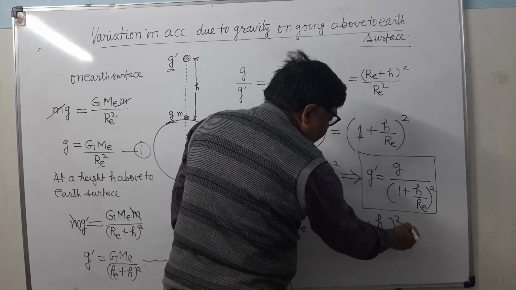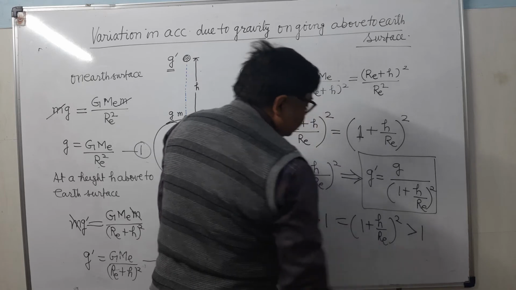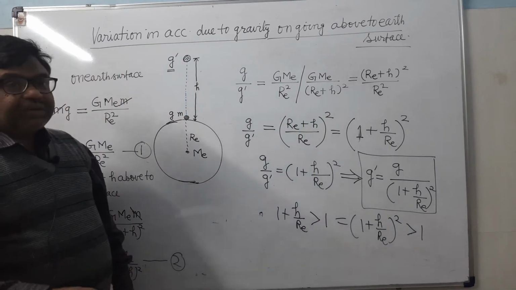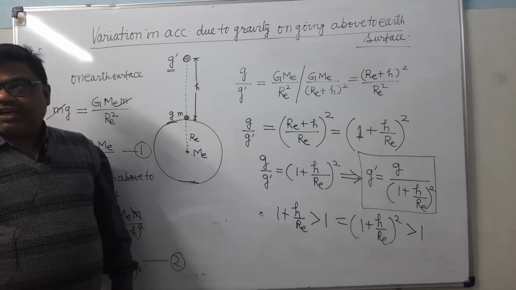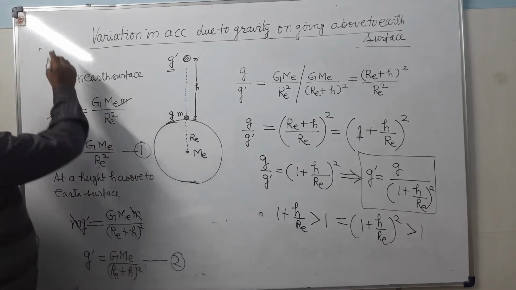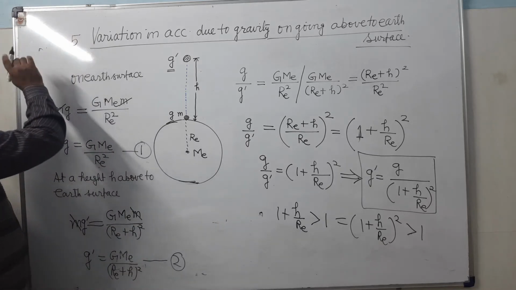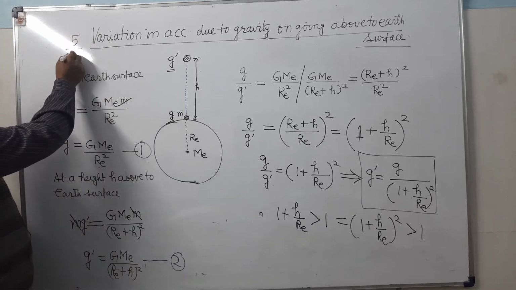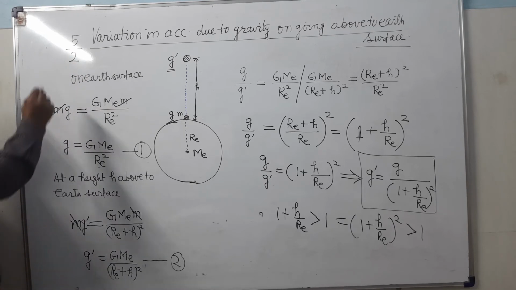और एक रूल है, अगर किसी भी नंबर को 1 से बिगर नंबर से डिवाइड करेंगे तो रिजल्ट क्या आएगा? Suppose 5. If you divide 5 by a number which is greater than 1, what will be the result?